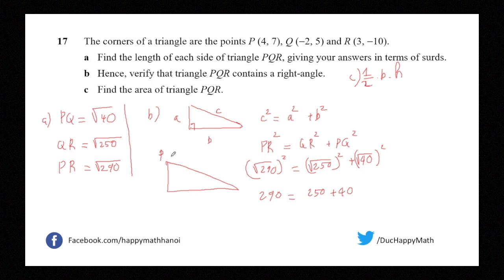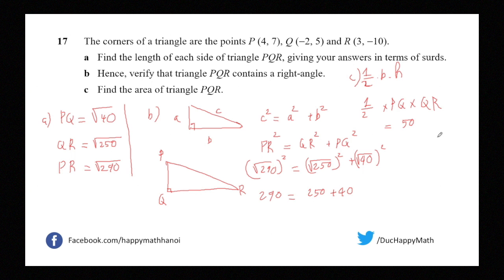It means this is P and this is R, so the Q has to be here. You just take PQ times PR and divide by 2, which is the area of this triangle. So calculate by yourself and you will get the final result of this area is 50.